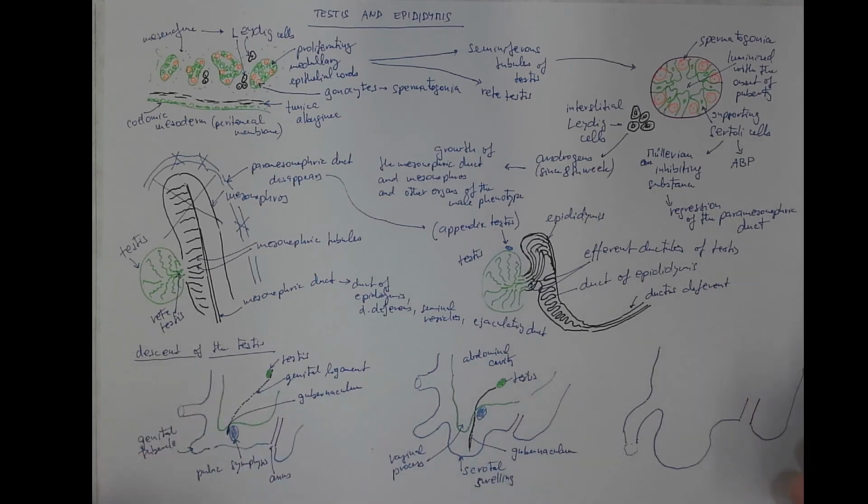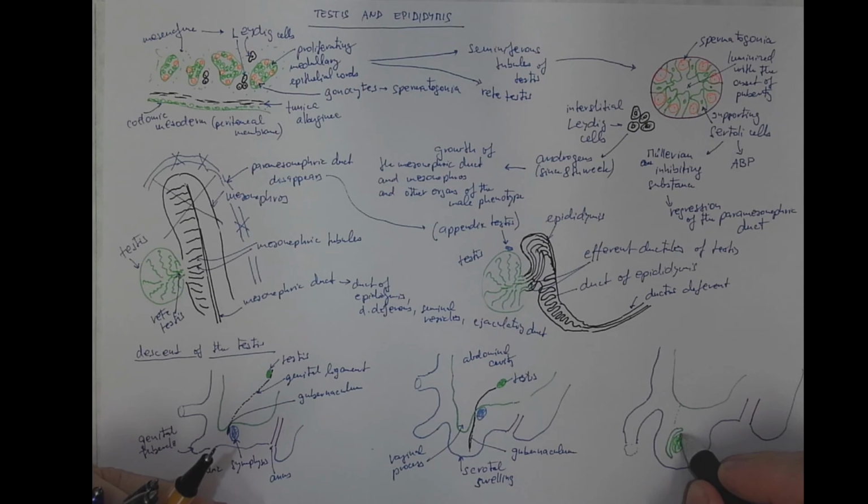The communication between the abdominal cavity and this vaginal process will be closed, obliterated, but there will be a small serous cavity of the scrotum surrounding the testis and the epididymis that will be here as well.